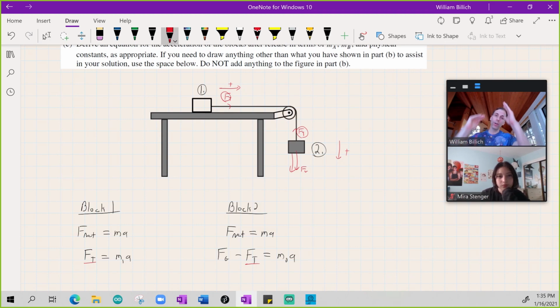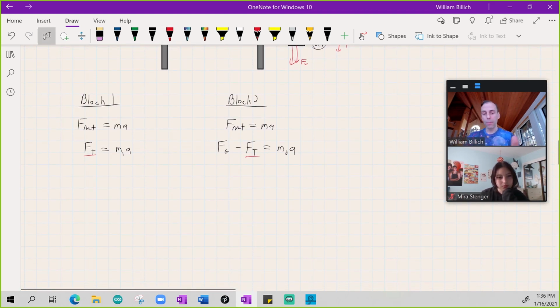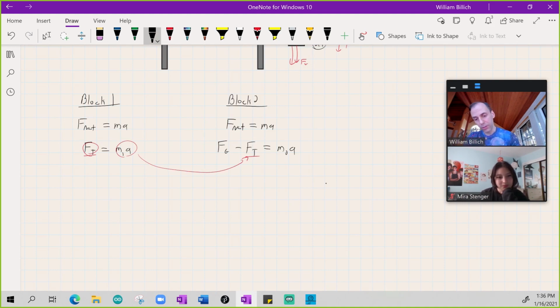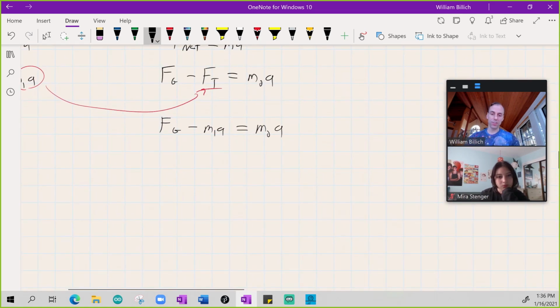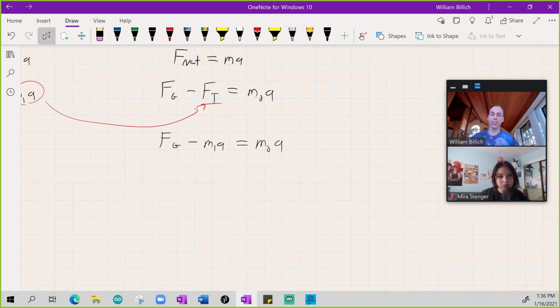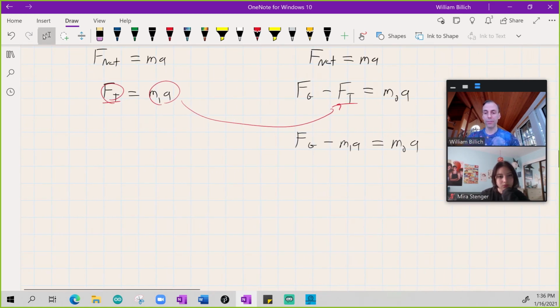They will move together. So, because of that, I can plug this thing, M1A, into there. And so we get F_g minus M1A equals M2A. And by the way, we just make a simple substitution here. F_g is mass times gravity.